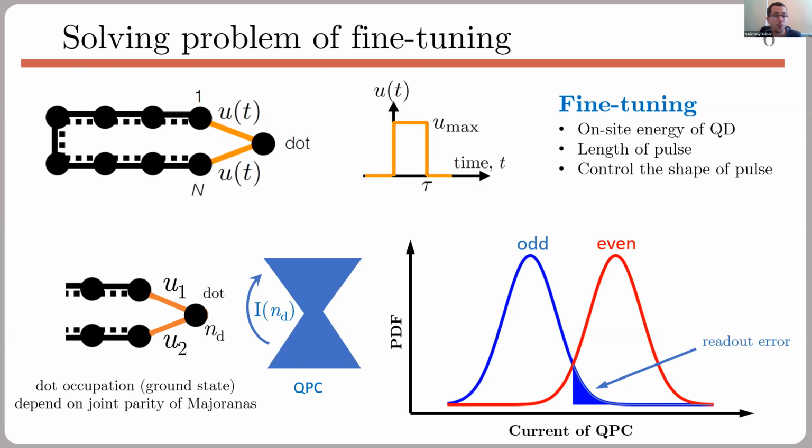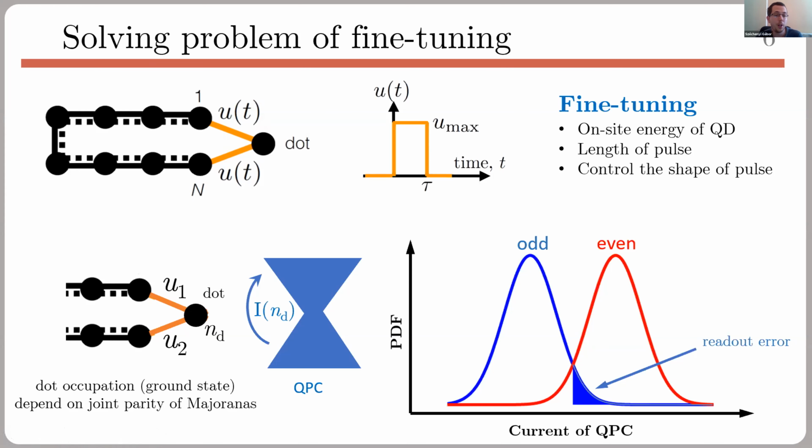So maybe we should shift to the static way of readout, which means there are constant tunnel amplitudes connected between the ends of the wire and the dot, so they are not changing in time. And we know that the occupation of this dot depends on the joint parity of the Majoranas.